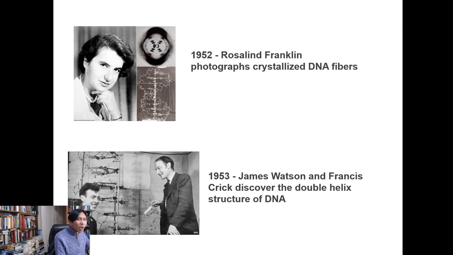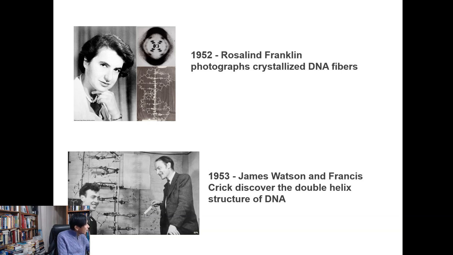She should have been awarded the Nobel Prize. But in 1953, James Watson and Francis Crick looked at the previous research by Chargaff, Avery, and Rosalind Franklin, and they figured out the model of DNA.